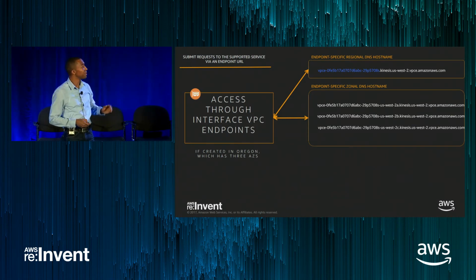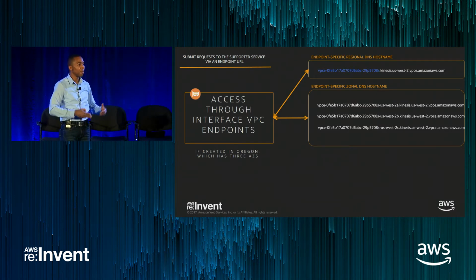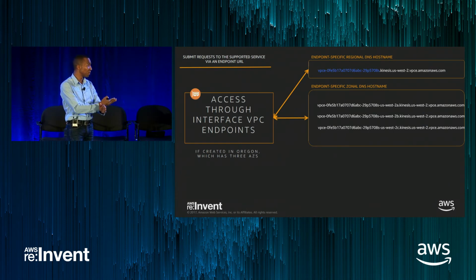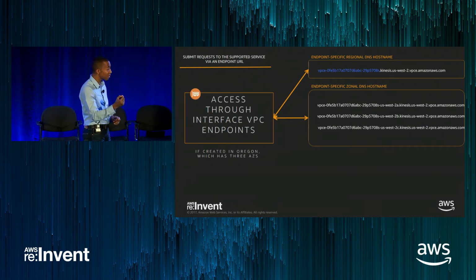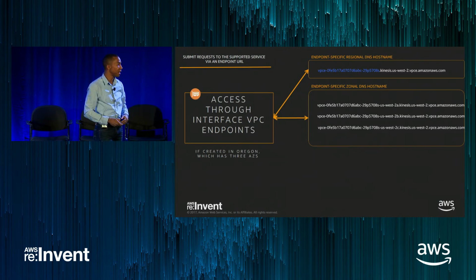We also allow you to zone your traffic. So if you have EC2 instances that are running in multiple availability zones, and you want no cross availability zone latency or no cross availability zone connectivity that comes with a cost, you can actually use a specific endpoint URL for the AZ in which you reside or live.